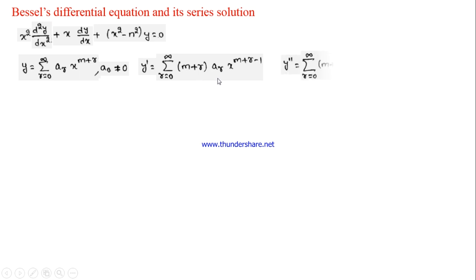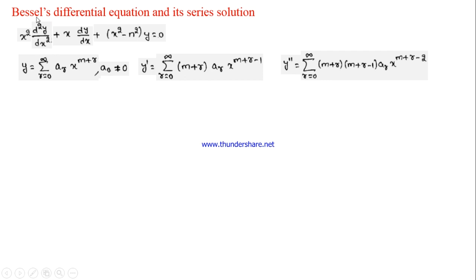That gives y double dash equal to m plus r minus 1 into m plus r into x power m plus r minus 2. Now substitute these three expressions back in the differential equation.